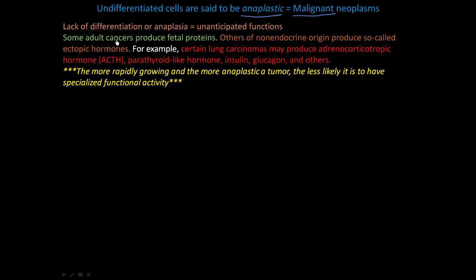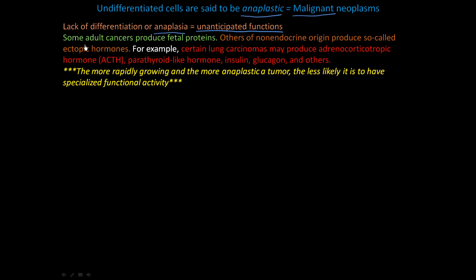So what is anaplasia? It is a lack of differentiation. That's what anaplasia means, there's a lack of differentiation. And the result of that is you get unanticipated functions. So like I said, a malignant tumor in a thyroid gland might produce just bizarre, weird hormones rather than just normal thyroid hormones.